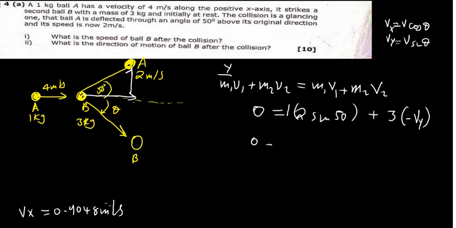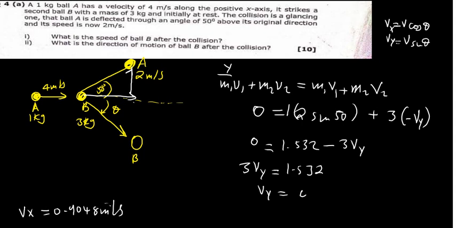So this will be 0 equal to 2 sin 50, which is 1.532, and then minus 3 vy. I'll take the 3 vy to the other side. So just divide by 3, and that is going to give us 0.510696 meters per second. So these are the components of this velocity.